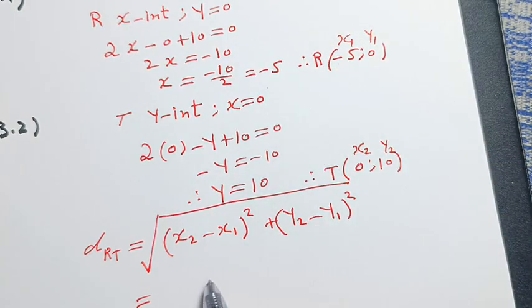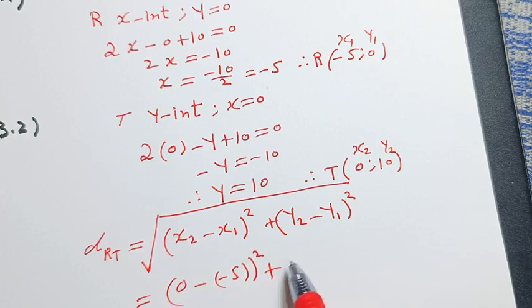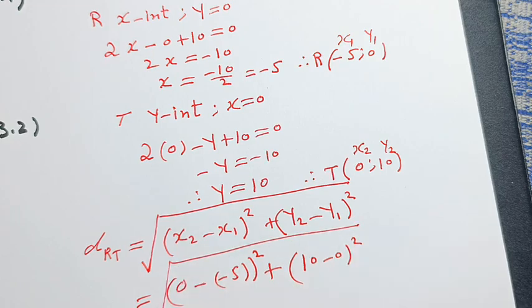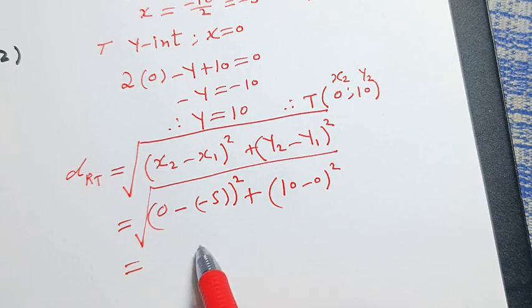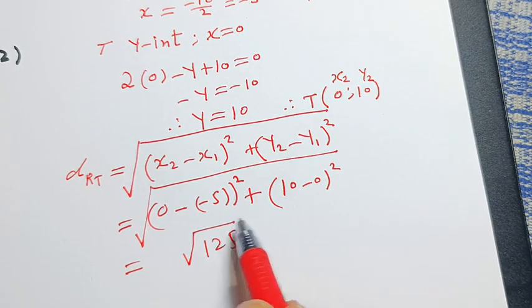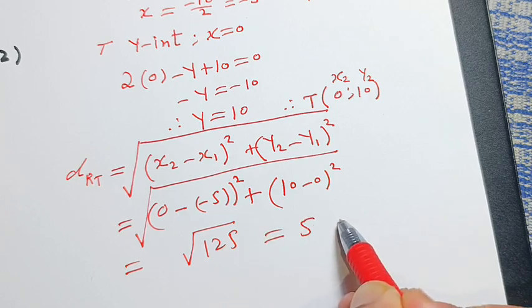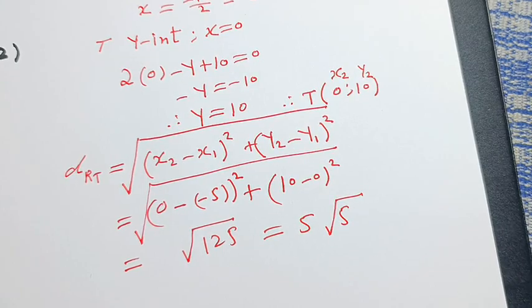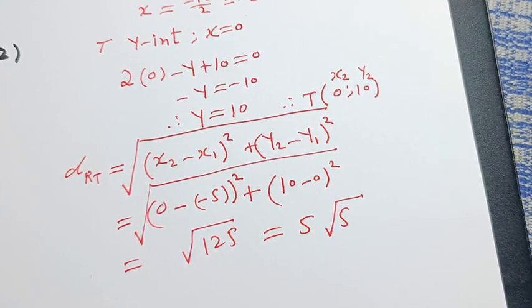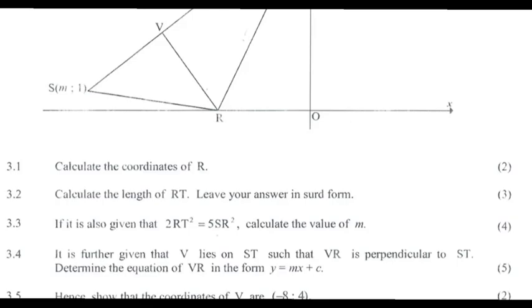So 0 minus negative 5 squared, plus 10 minus 0 squared, all under the root. I use the calculator to solve this. The answer is the square root of 125, which is 5 times the square root of 5. This is the length of RT.